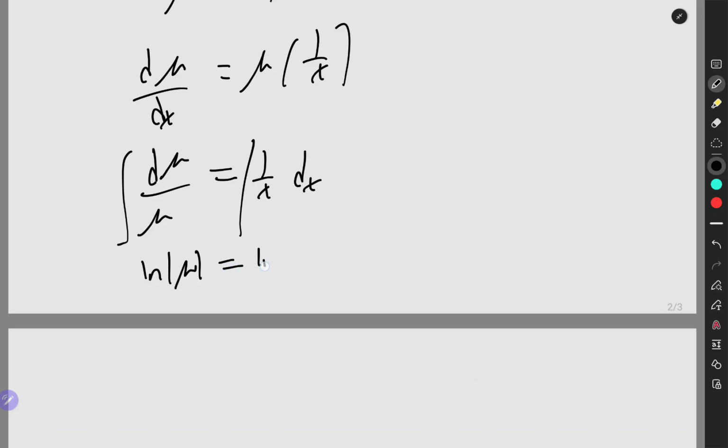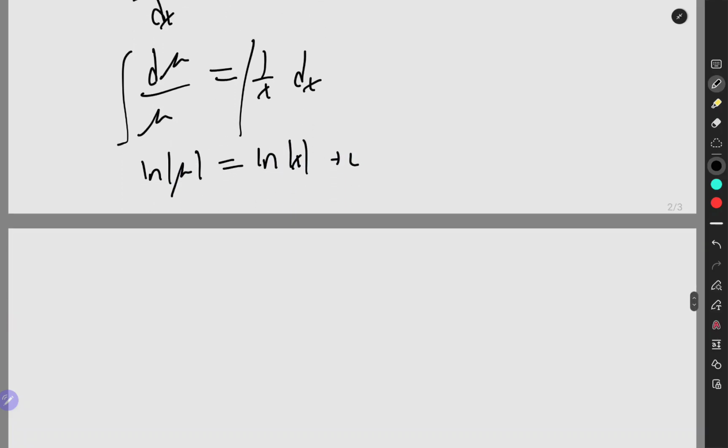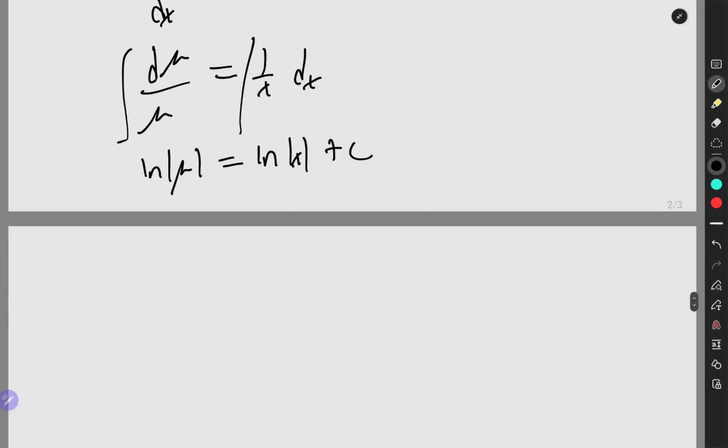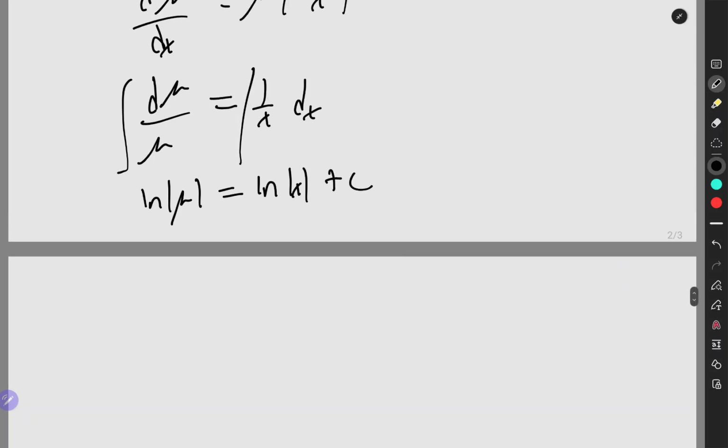Is equal to, yeah, this is right, plus c. I'm just looking at my textbook. The c, I don't know. They skip that step, they skip the whole thing, but my professor said that c is equal to 1.